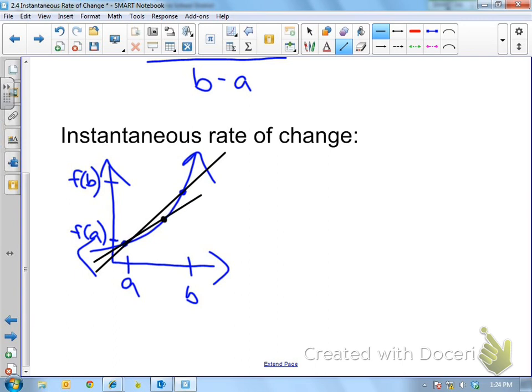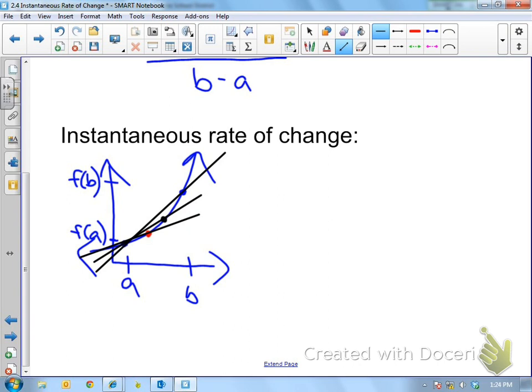I pick something closer, and I find another secant line. So what's our ultimate goal? What do we want it to look like when we have the exact? Instead of a secant line, what should we do? We want a tangent line. And we're trying to get super, super, super close.